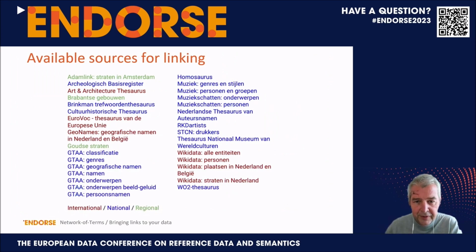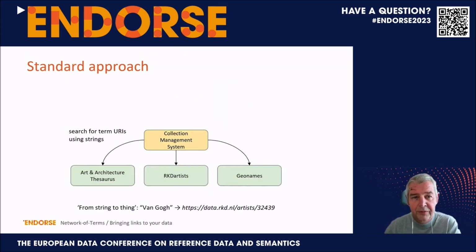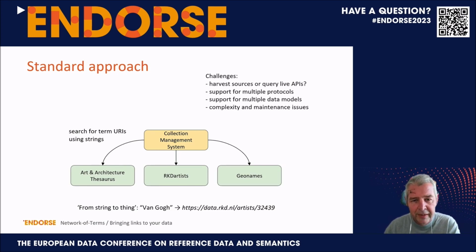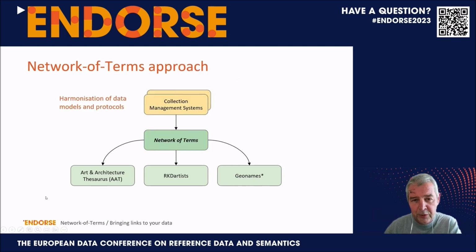There are a lot of different terminology sources, and I just listed the ones that are currently available through our federated querying engine, which is basically the network of terms, because normally, and we already talked about maintenance hell, if you want to reuse a terminology source, then you need to aggregate it, implement it in your system in order to use it, which of course gives a lot of problems, especially when you want to use multiple sources.